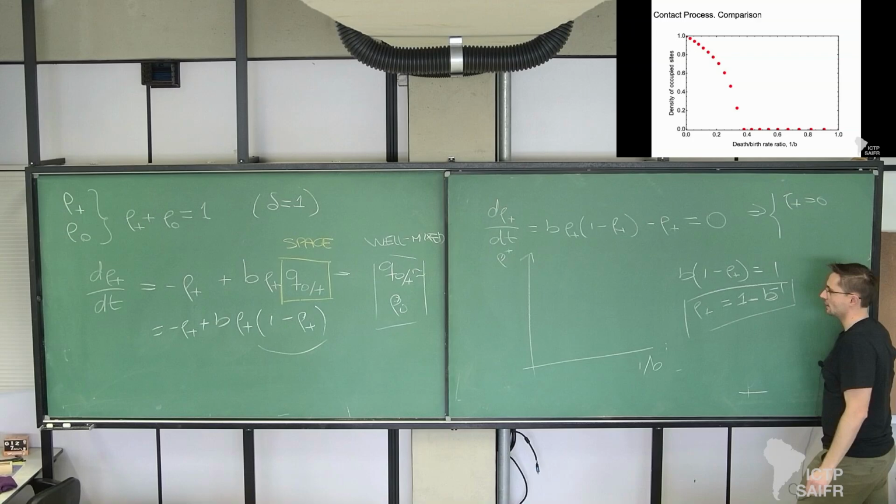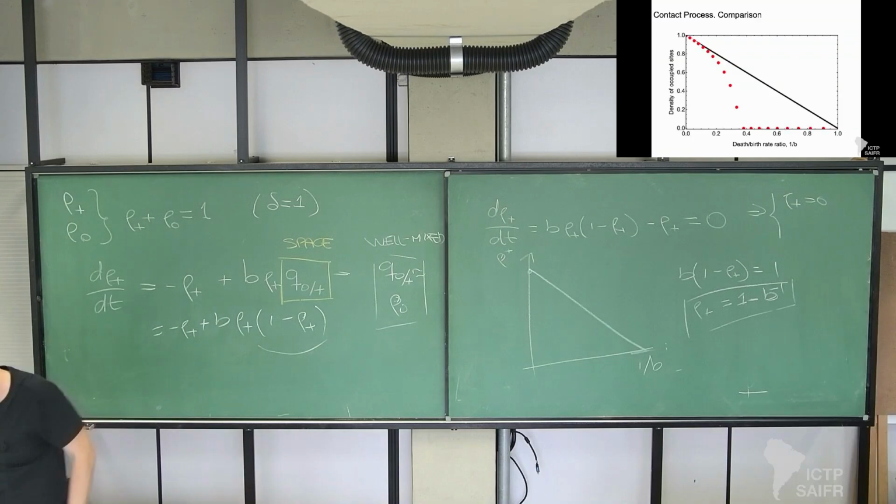It's a line, right? If I plot this together with the simulations, this is what I get. We all agree that it's the same quantity, right? It's the density of occupied places.